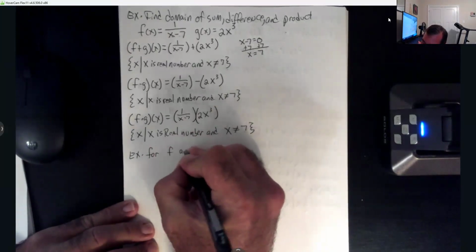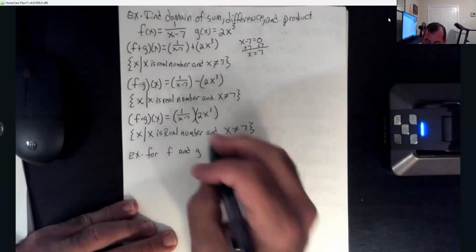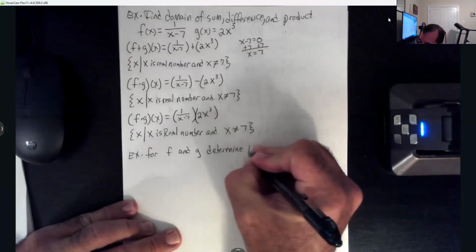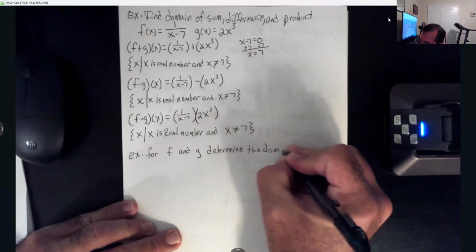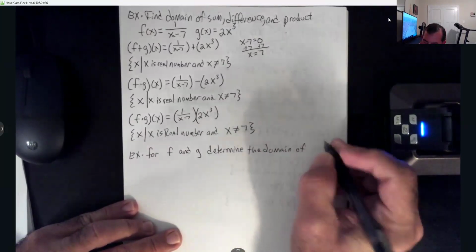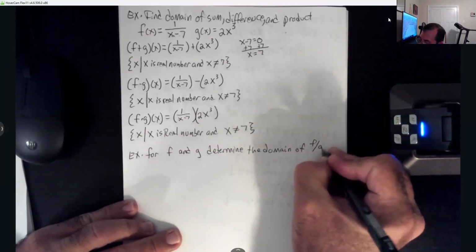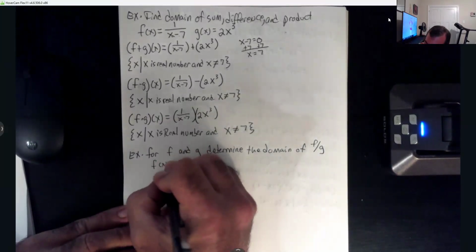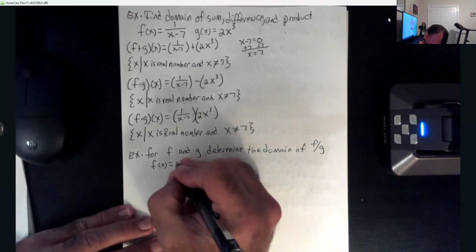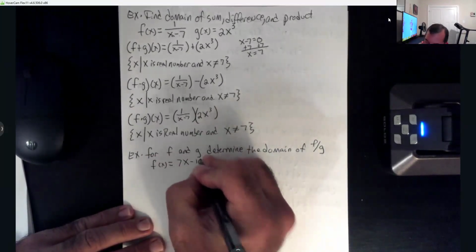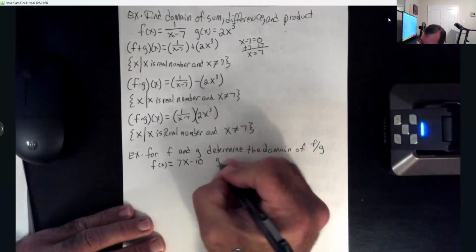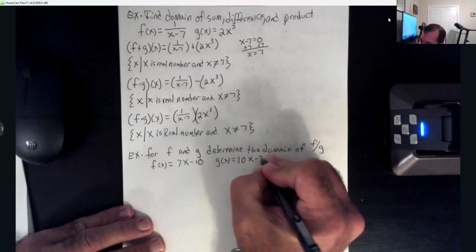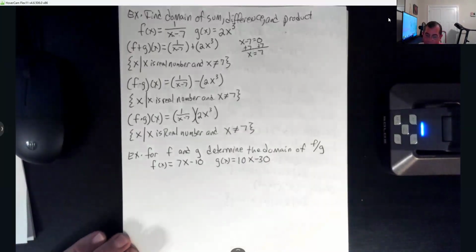For f and g, determine the domain of f divided by g. So y'all, f of x is going to equal 7x minus 10. G of x is going to equal 10x minus 30.